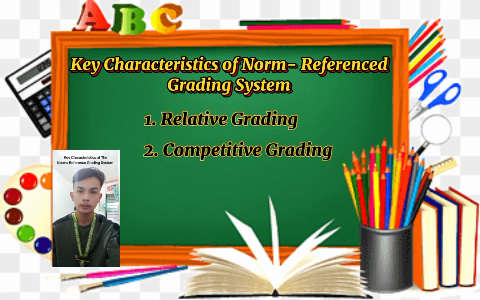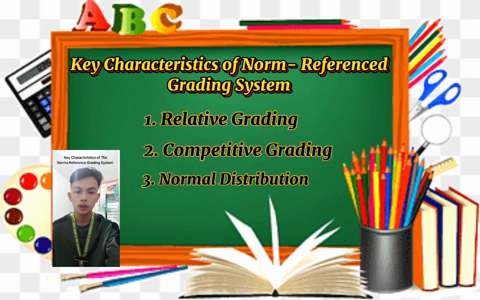The third characteristic is the normal distribution. The system often assumes that students' performance follows a normal distribution. This means that most students will fall in the middle range, with fewer at the extremes.